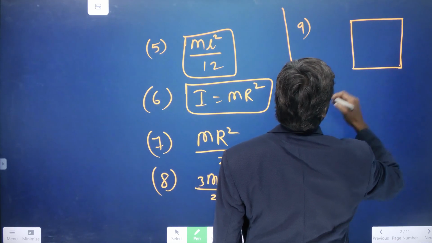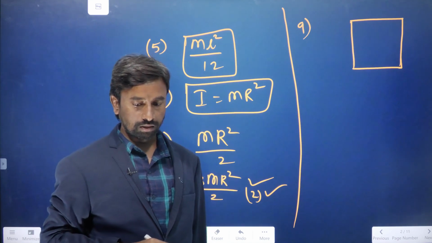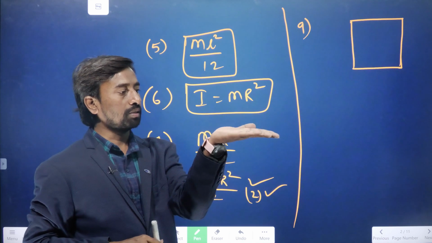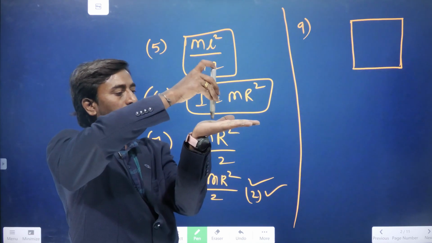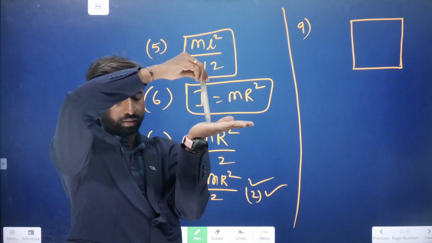The square plate is like this. Okay, and the moment of inertia they are asking is about the axis passing through its center perpendicular to the plane. Suppose you consider this a square plate, then the moment of inertia about this axis, about its own axis they are asking there.